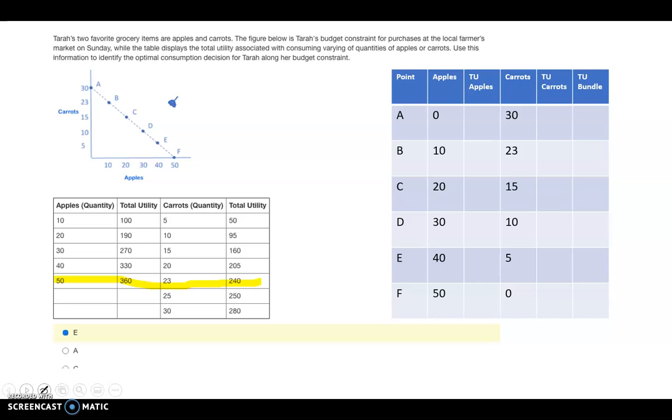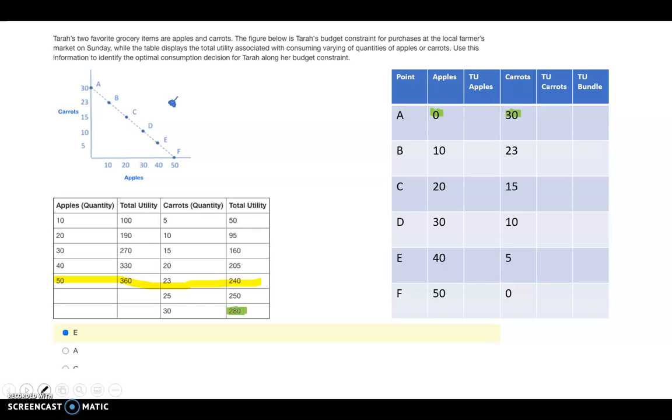So let's go ahead and pull the utility for each of those. For example, for point A, I'm going to see point A is 0 apples, so I'm going to get 0 utility from it. And for 30 carrots, I'm going to get 280 utils.